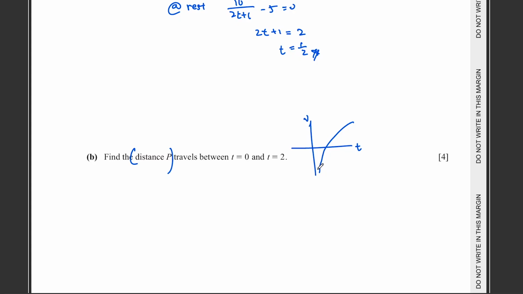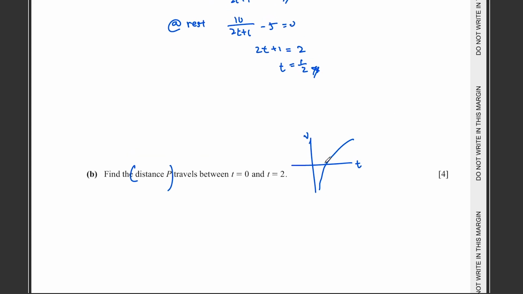backwards, or in the opposite direction, and then after a while it will be traveling in another direction. So that's why we need to consider or evaluate the distance from 0 to half and from half to 2 separately. Right, so for the area underneath the curve, we must make sure that we take the positive value so that we do not get the wrong result.